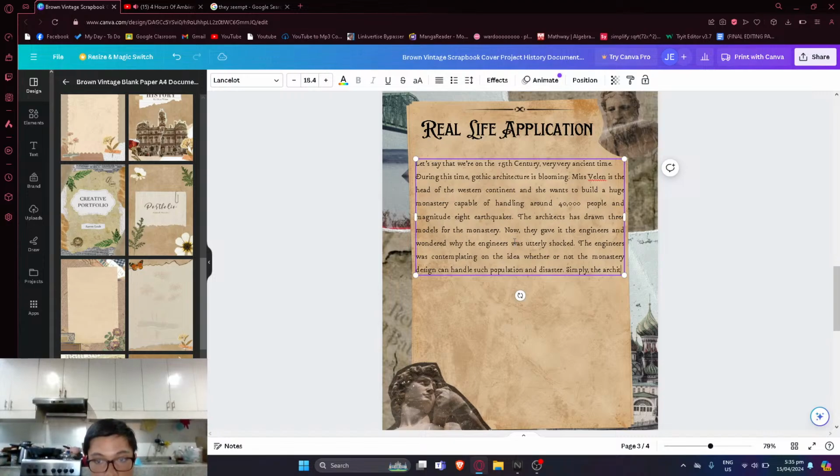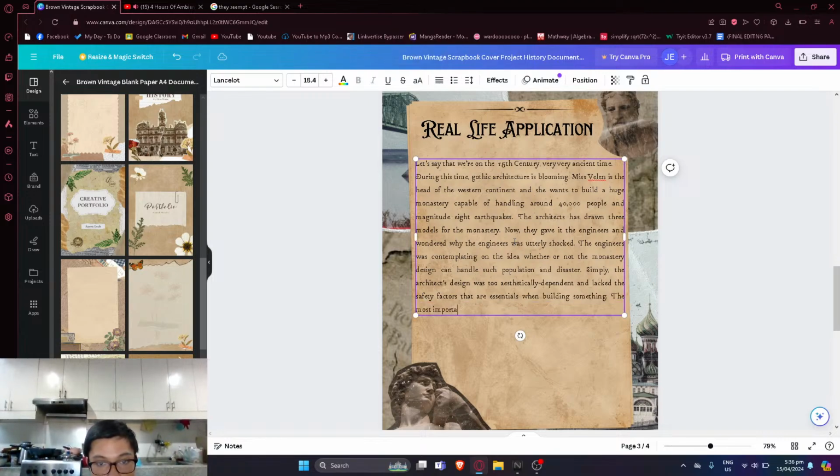Simply, the architects' design was too aesthetically dependent and lacked the safety factors that are essential when building something.